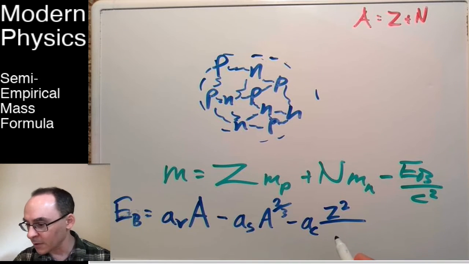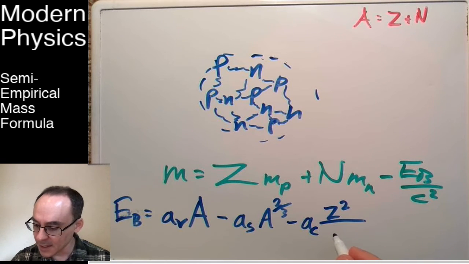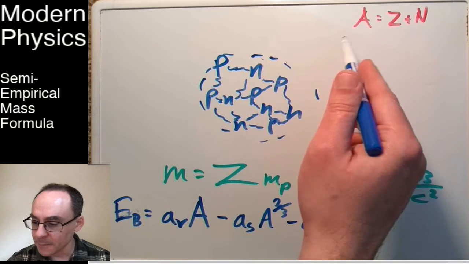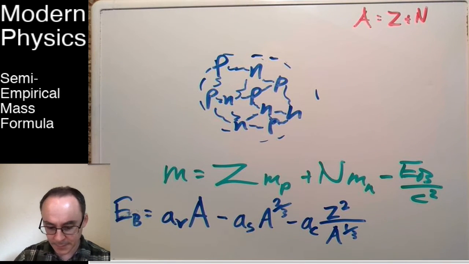Force goes as 1 over R squared, while potential energy is Q squared over R. And if A is proportional to the volume, then the radius is like A to the 1/3 power. So that's the Coulomb term.